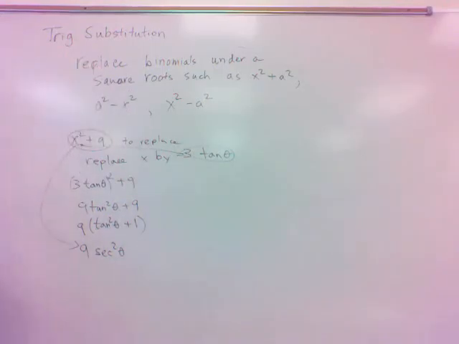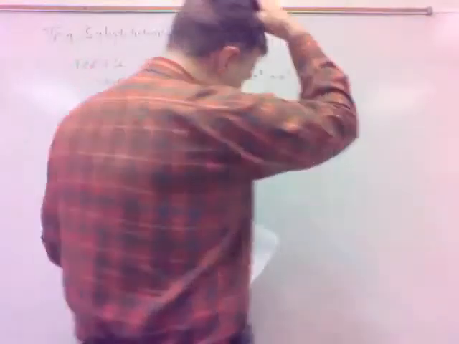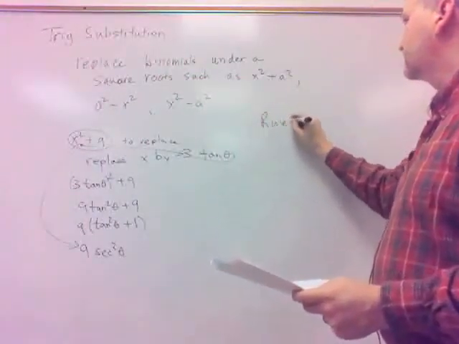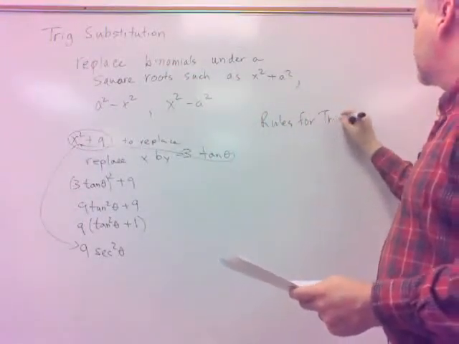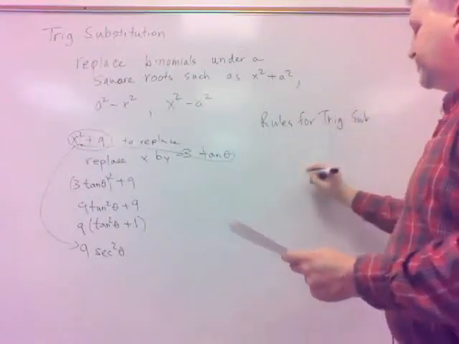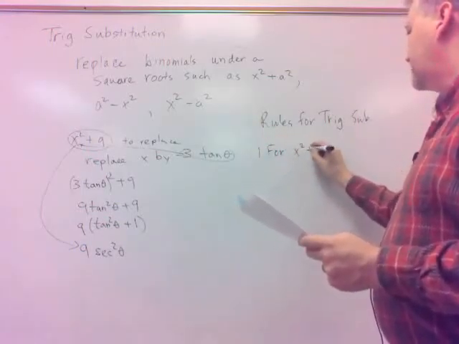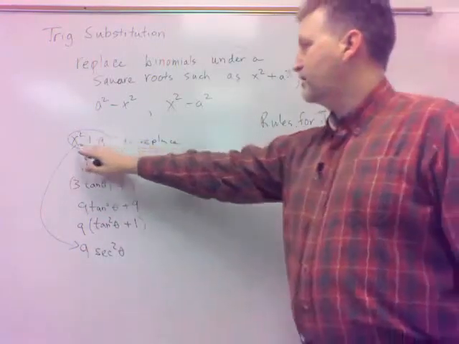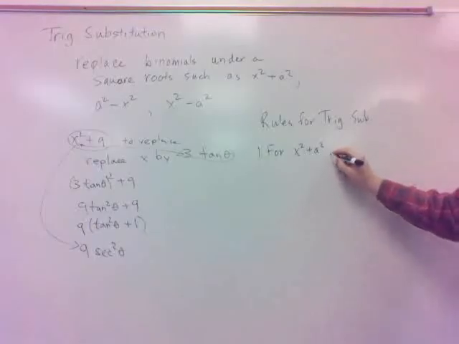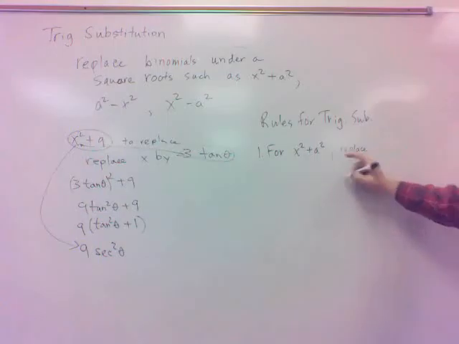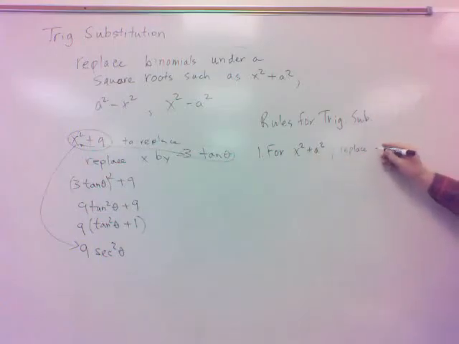So here's what we do. Here's the rule of thumb for what trig substitution we make. Number one, for x squared plus a squared, we've already seen there. So we've got x squared plus a squared. We replace x by what there? We replace x by 3 tan theta. So if it's x squared plus a squared, guess what we replace x by? Well, this was 3 tan theta.